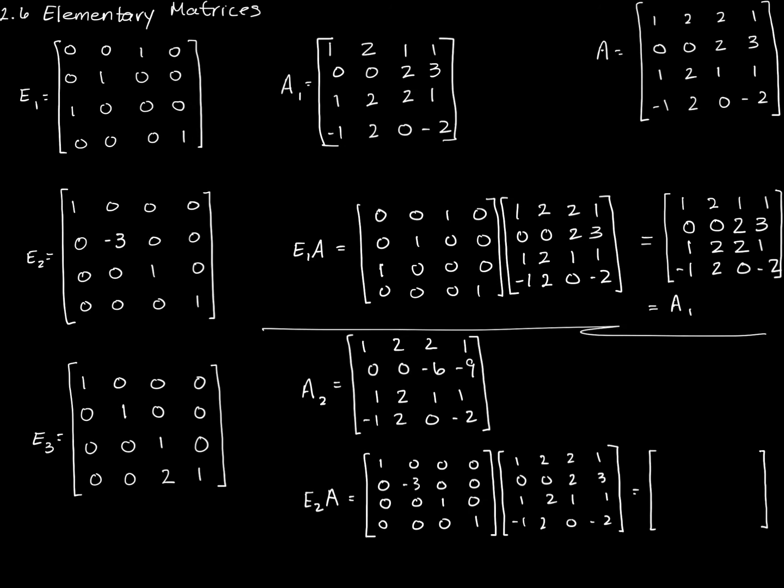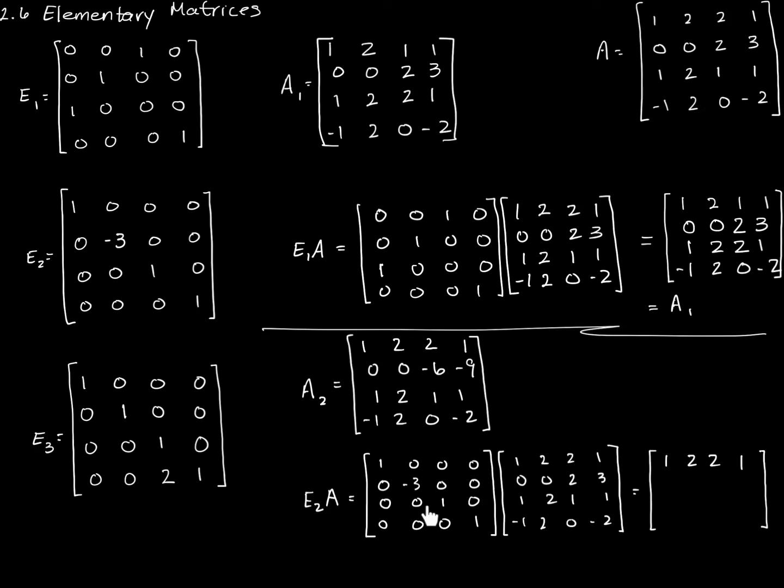And second of all, multiplying row 1 first by column 1 and then column 2 and so on is going to result in entries that are 1 times the first entry in column 1, plus 0 times everything else. So I'm literally just going to get the first entry in each column as my first row. The same thing will happen with rows 3 and 4.